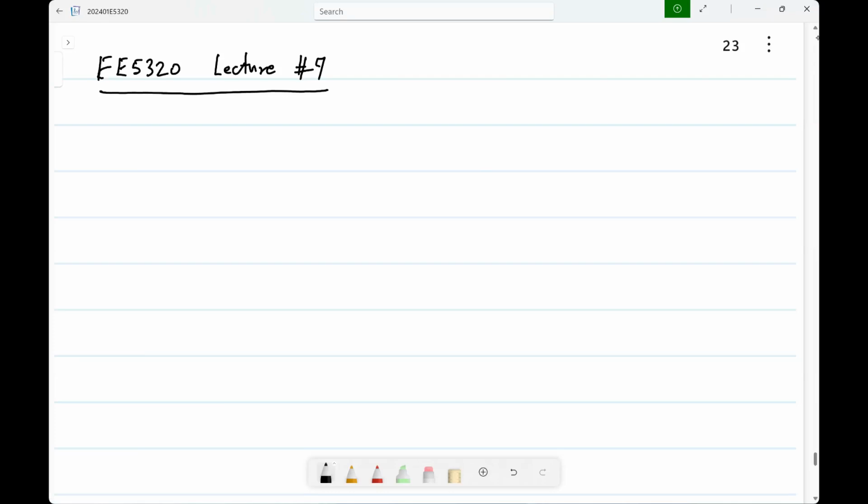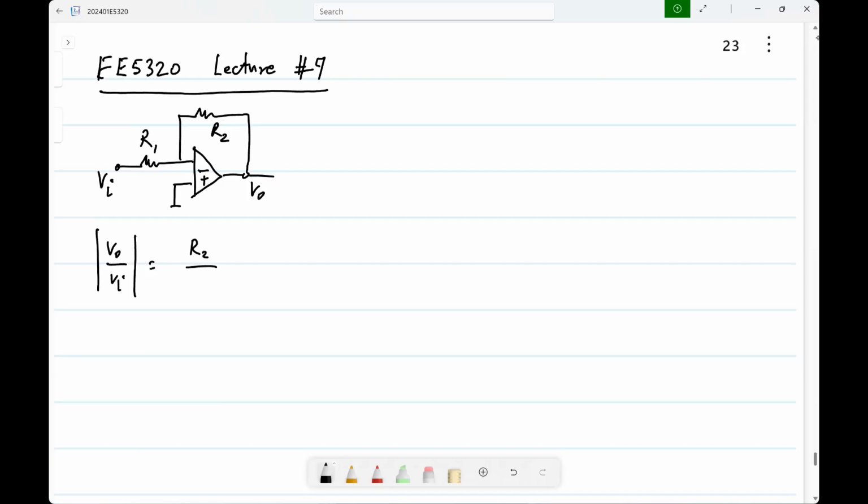So, for instance, if we have an amplifier like this, the gain magnitude is R2 by R1, and if R2 is nominally R2_0 plus it has an error delta R2, R1 is nominally R1_0 and has an error delta R1, we saw that this will really be R2_0 by R1_0 times 1 plus delta R2 by R2 minus delta R1 by R1.